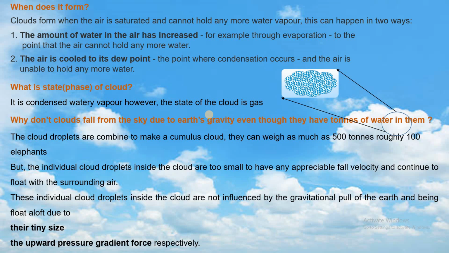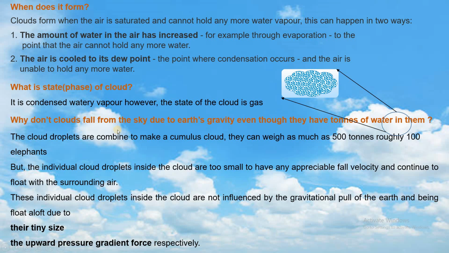I mean, they are that lightweight. That's why it won't fall down to the earth from the sky due to the influence of gravity. Okay, and if you speak strictly, the state of the cloud is condensed water vapor. But mostly we say that the state of the cloud is a gas.